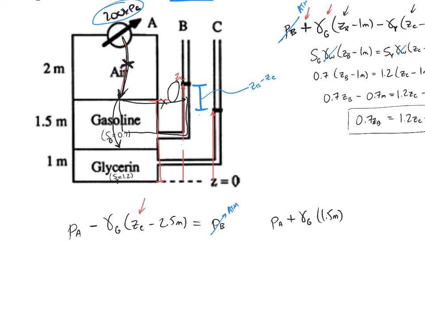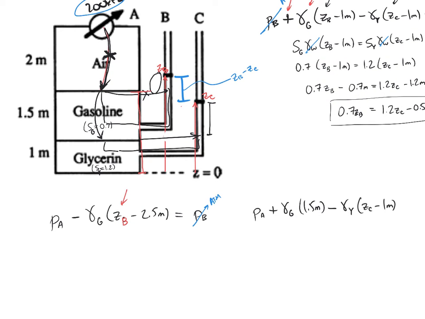Again, we're going to go down and then over and then back up, so we don't worry about this movement to here. We're only going to go upwards, minus gamma Y. Now what is this distance right here that we're going up? Well, that's ZC. Oh, geez, sorry, this was a B here, wasn't it? So this should be a B. So this would be ZB minus that 1 meter.